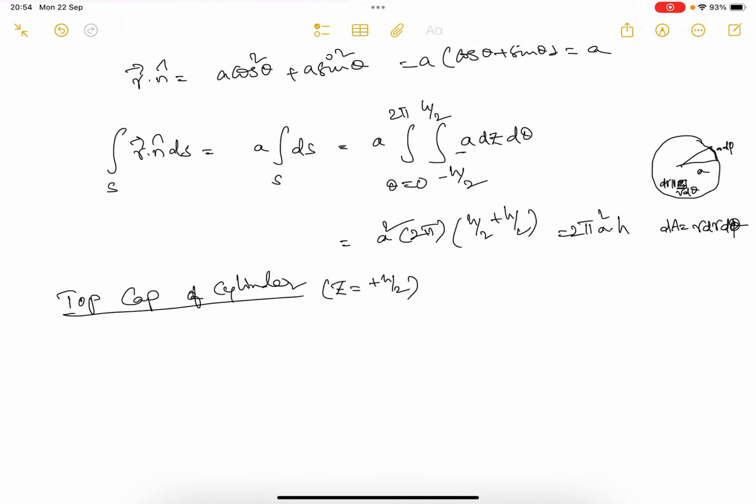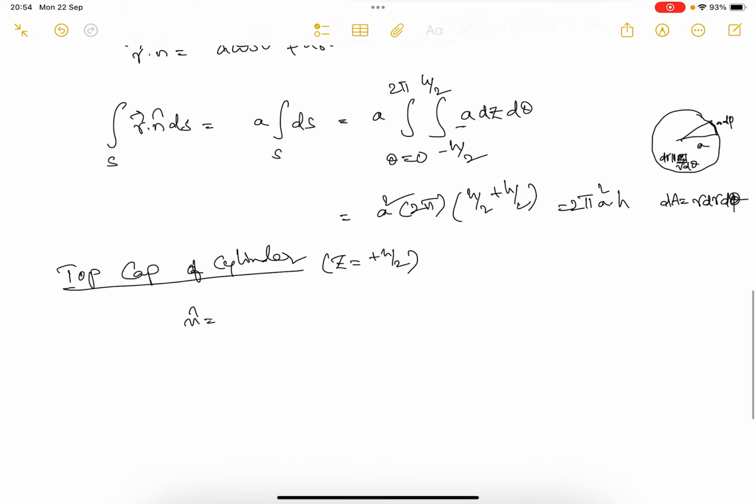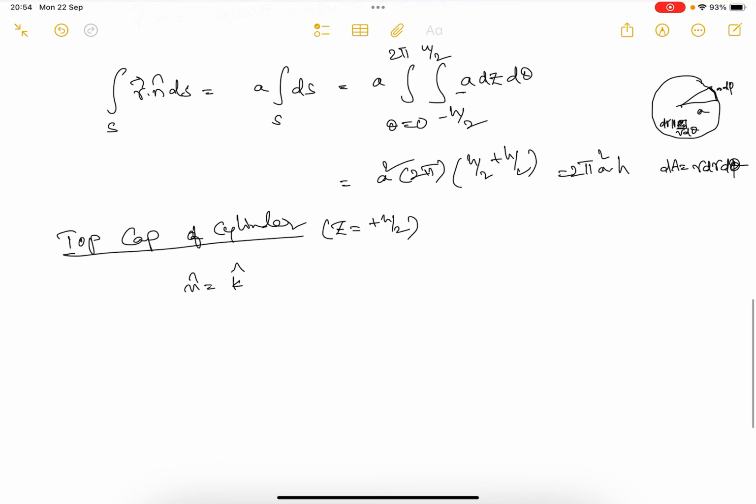Then the outward normal here is along the positive z direction, which is k cap. Then r bar dot n cap, because it's only k cap, only the z component of r bar contributes, which is z, which is h by 2, right?